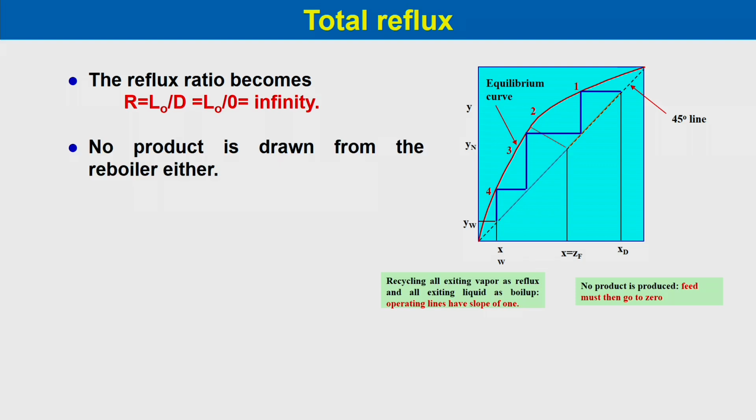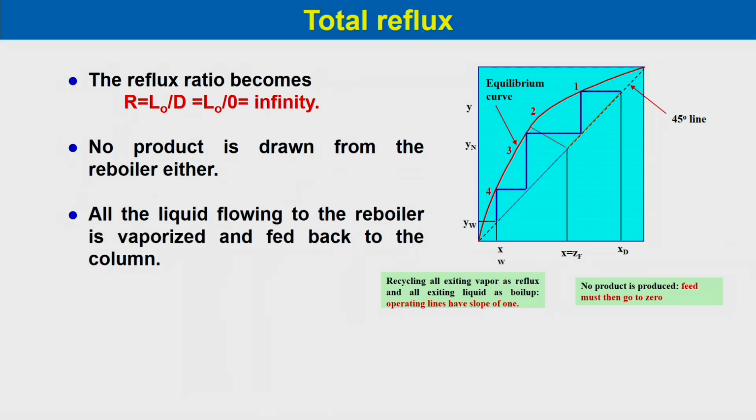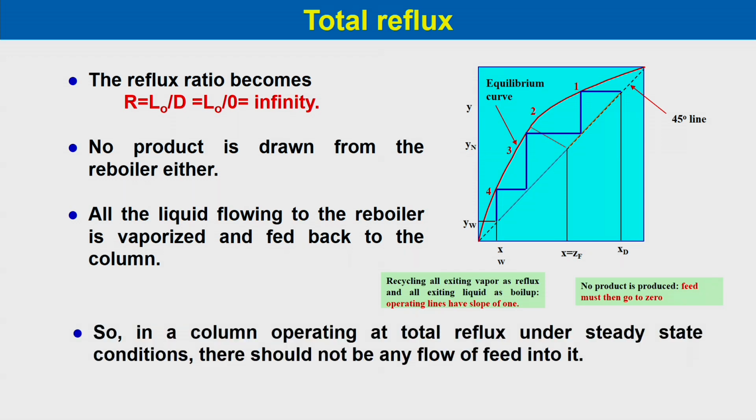No product is drawn from the reboiler either. All the liquid flowing to the reboiler is vaporized and fed back to the column. So, in a column operating at total reflux under steady state conditions, there should not be any flow of the feed into it.